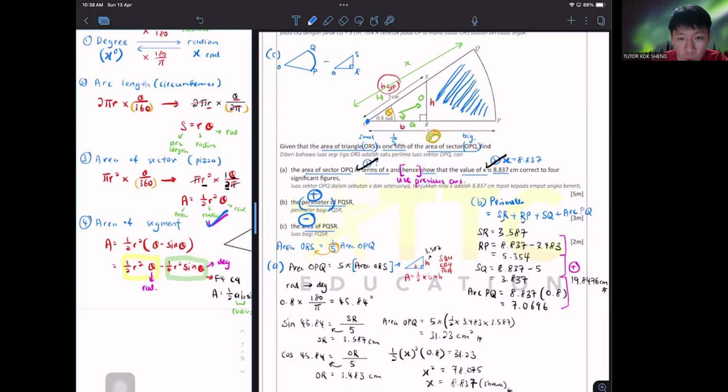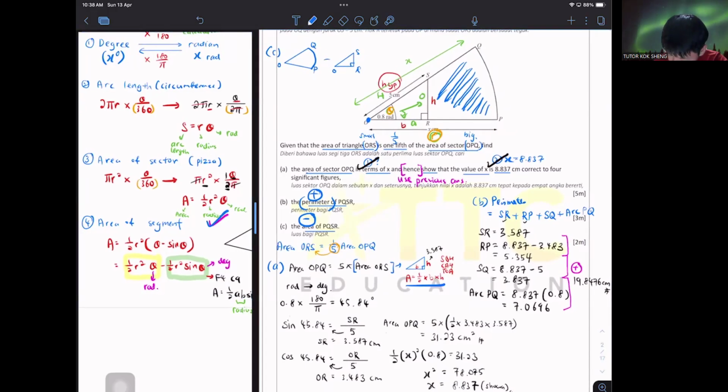Triangle area, we still go for the same, 1/2 base times height. For the sector, we got everything already: the radius and theta. 1 over 2, radius is the x, right? 8.837. Theta is 0.8 radian. Minus the triangle, 1 over 2 base and height.